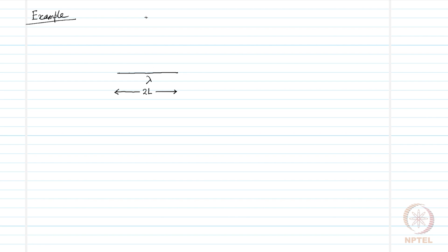So, from this point, if we drop a normal on this line, then this part is L, this part is also L, like this, and the height of that point is z.